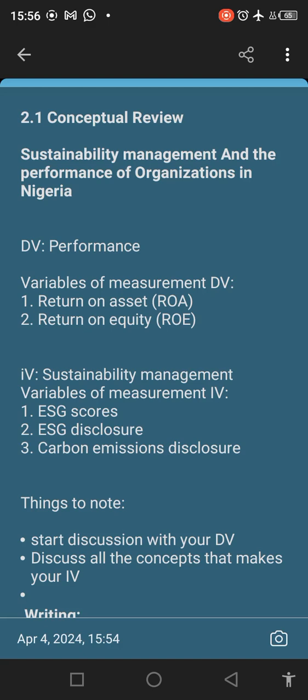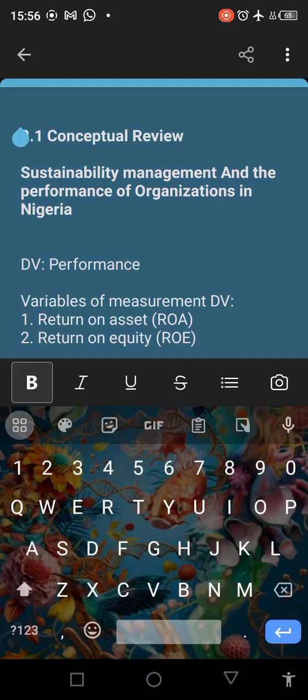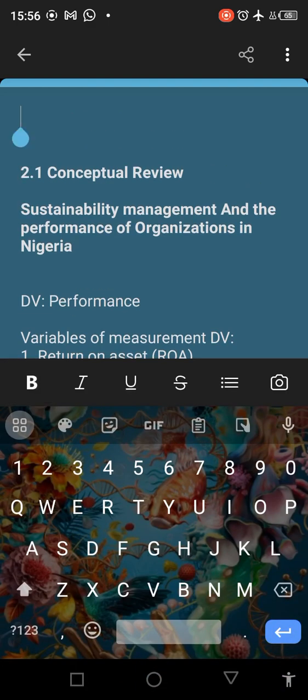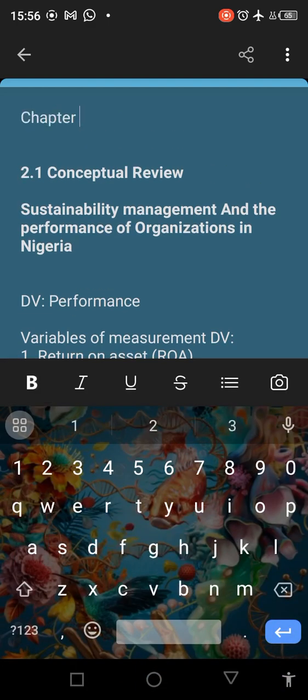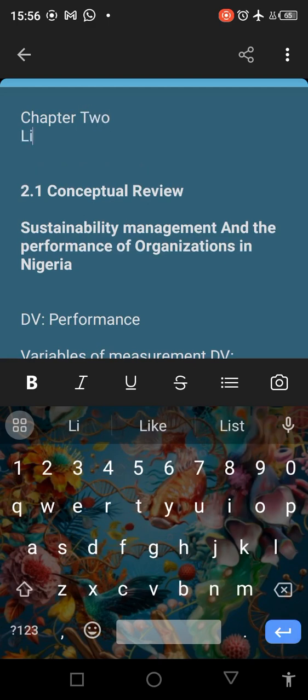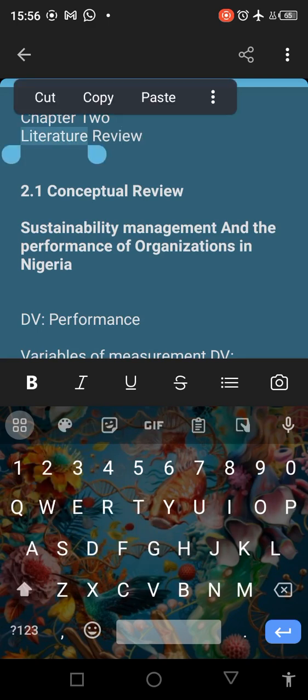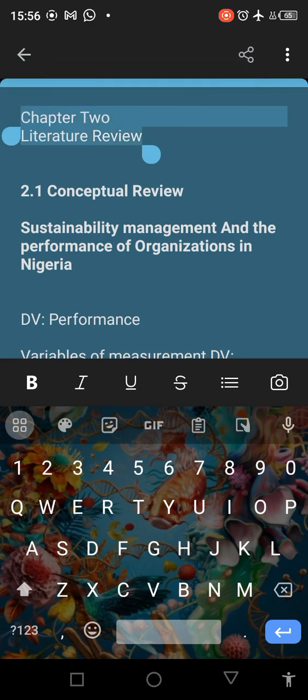After writing our chapter 2 and literature review as a heading, then the next thing we are going to write is our conceptual review, which formulates our 2.1.